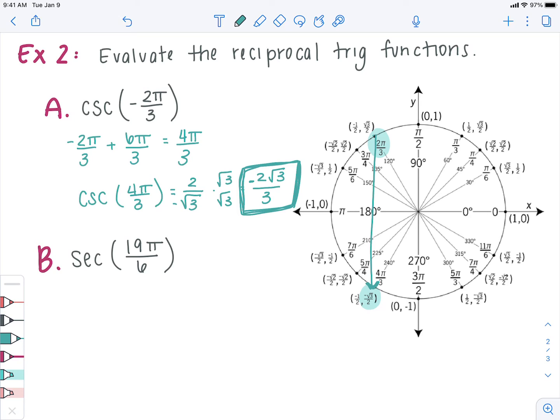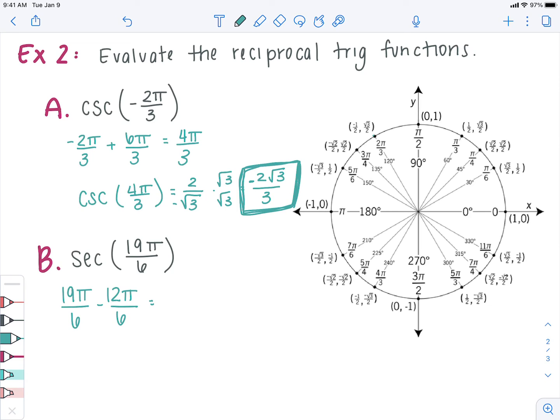Let's try one more. So if we want to find the secant of 19 pi over 6, when we look at our unit circle, we see that 19 pi over 6 is too big, so we need to take 19 pi over 6 and subtract 2 pi, which is really 12 pi over 6.